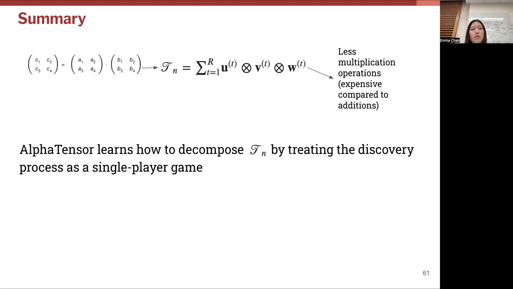The way to do it is to do a matrix decomposition to get the UVW vectors that will allow us to compute some intermediate values, and then a combination of the intermediate values with fewer multiplications needed. And the way AlphaTensor works is it treats this process of discovering the decomposition as a single player game, and uses AlphaZero to learn the policy.